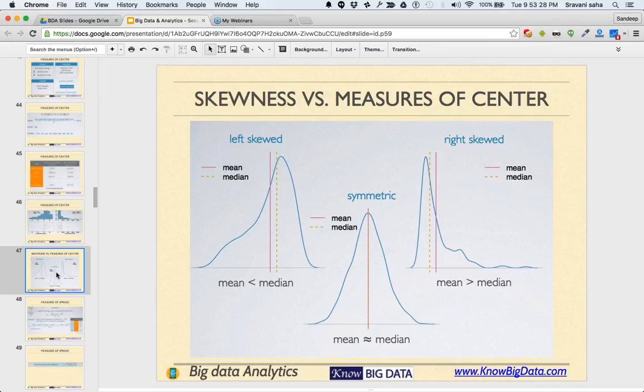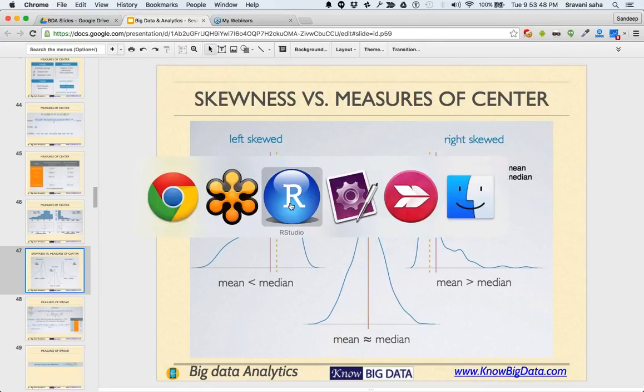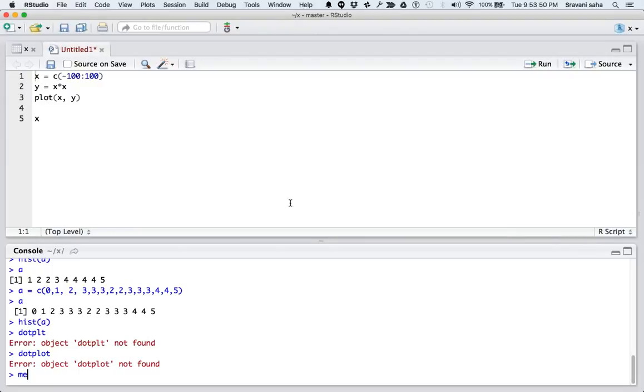All right. So one of the biggest reasons for using median is that it is stable. Stable in the sense that it doesn't get impacted because of outliers. Because let's say in our data, suddenly there is one data point which is say 10,000 times all the others, then suddenly the mean will get impacted.